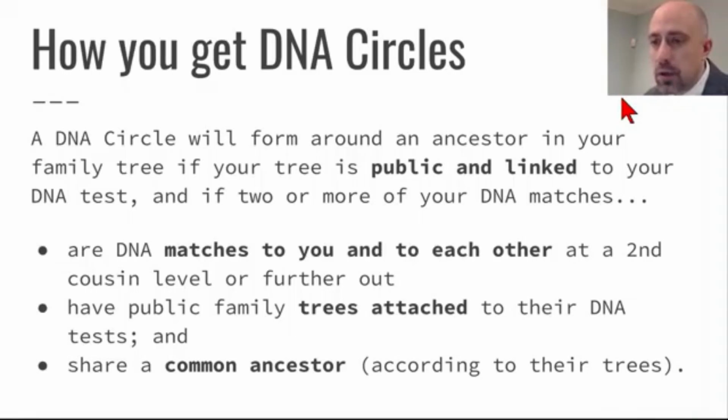So in telling you how you end up getting DNA circles, AncestryDNA says the following. You will get a DNA circle if you have a family tree that is public and linked to your DNA test results, and if you have at least 2 DNA matches who match you and each other at a second cousin level or further out, and if both of those matches have public family trees attached to their DNA tests, and if the 3 of you share a common ancestor.